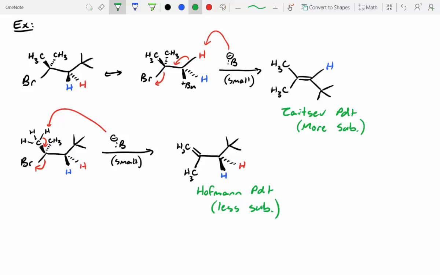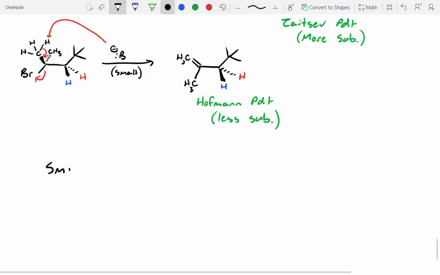Anytime you use a small base, or a large base for that matter, you might get some mixture of these. But with the small base, which one do you think is going to be favored? Zaitsev, right? And the reason for that is a small base doesn't really care where it grabs that proton from, right? Small base doesn't have a strong preference either way. In this case, it'll tend to favor the more substituted alkene. So let's make a little note of that.